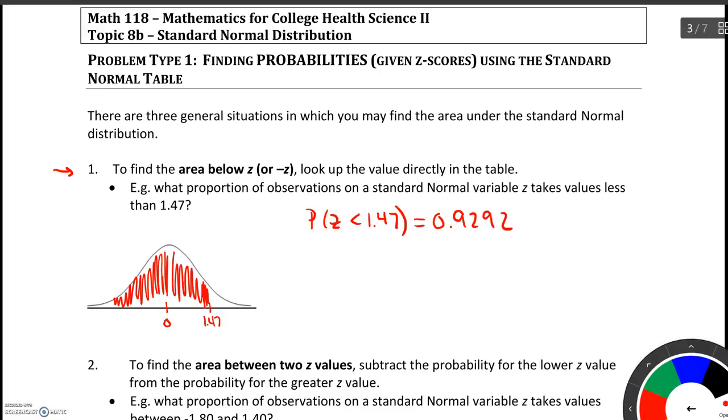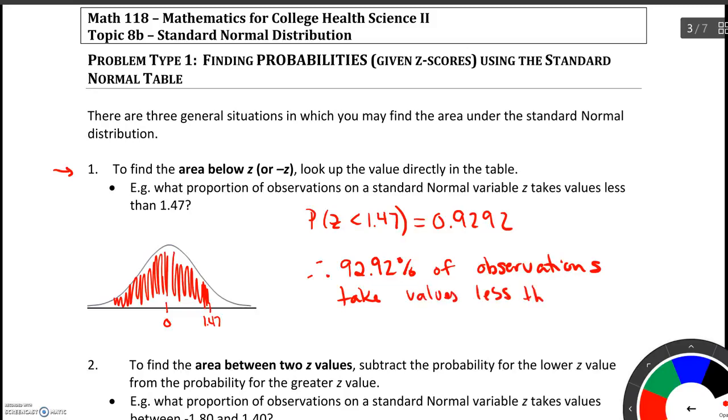And now, since it says what proportion of observations on the standard normal variable Z take values less than 1.47, I could say therefore 92.92% of observations take values less than 1.47.